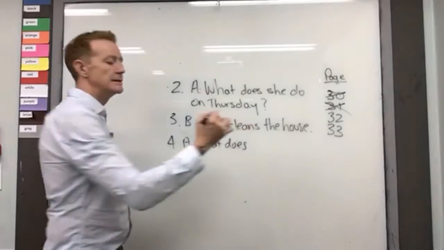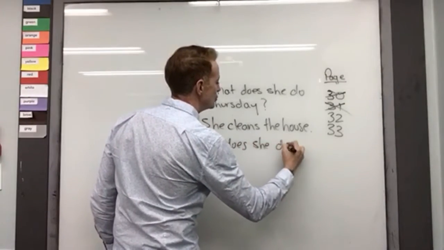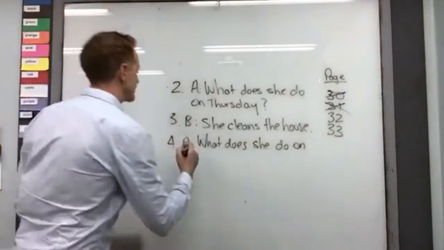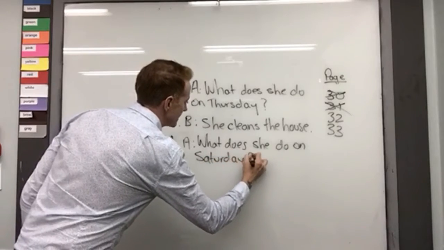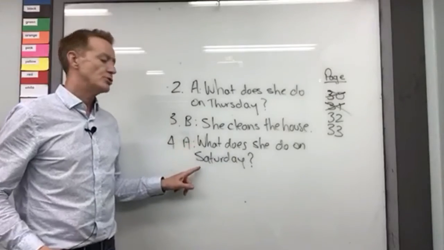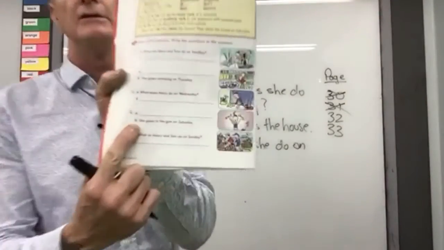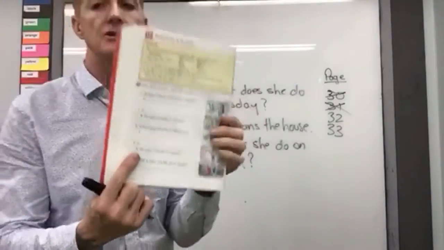What does she do on Saturday? And finish with a question mark. The answer for B: she goes to the gym on Saturday.